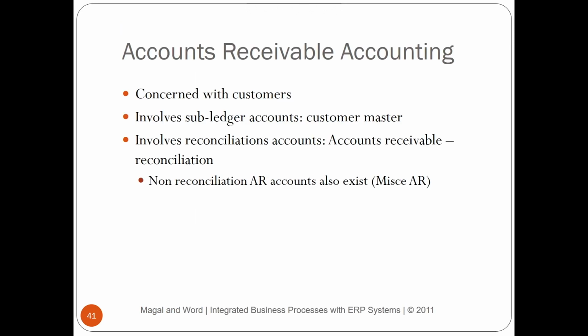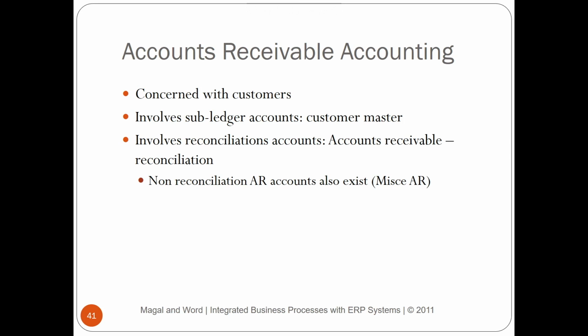Accounts payable accounting is concerned with vendors. Accounts receivable accounting is concerned with the customers. When businesses need to track money owed by each customer separately, they create an account in the accounts receivable subledger for each customer.